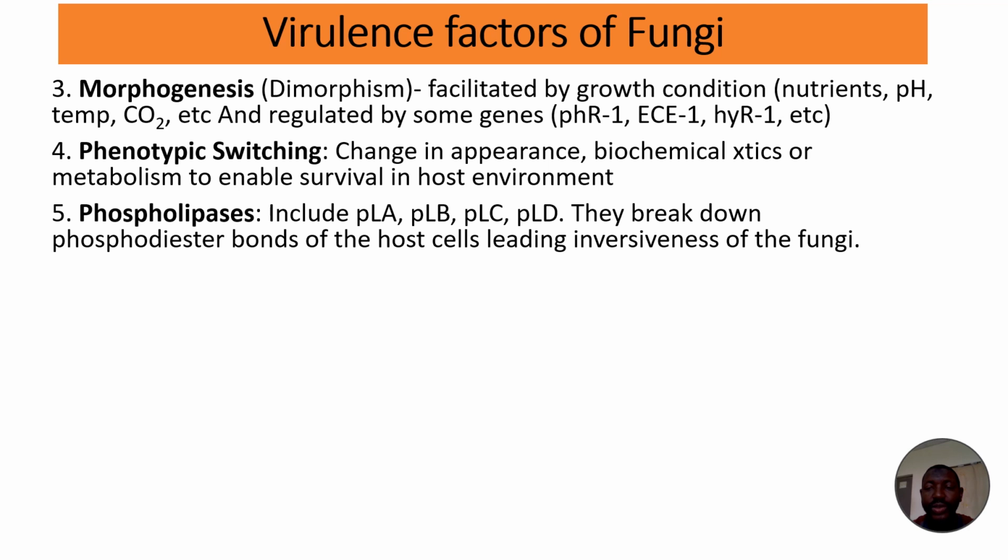Generally, there are 4 groups of phospholipases: phospholipase A, B, C, and D, which have subdivisions, of which phospholipase B1 plays a major role in the cleavage of phosphodiester bonds in the host cells.